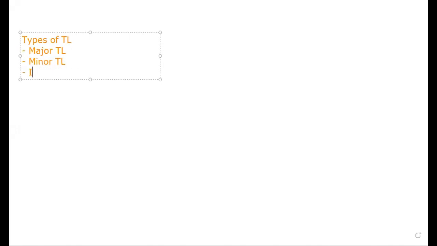And then we have internal trend lines. All right. And like I said, in the course of this session, we're going to be looking into each one of these, and using this to build the basic foundation of our understanding of the concept of trend lines.